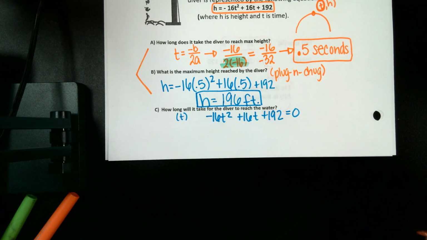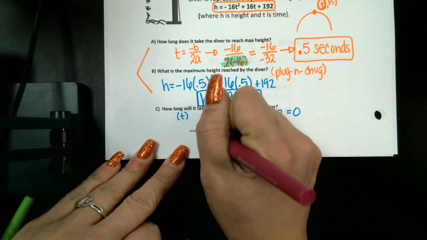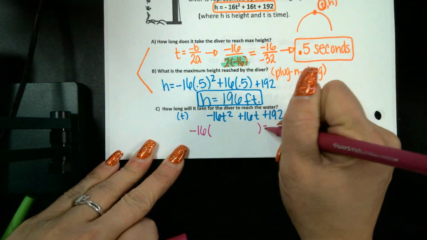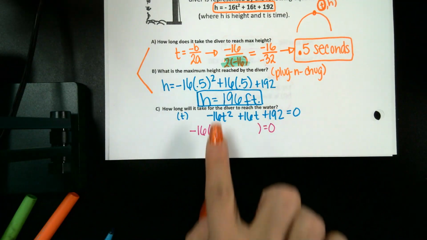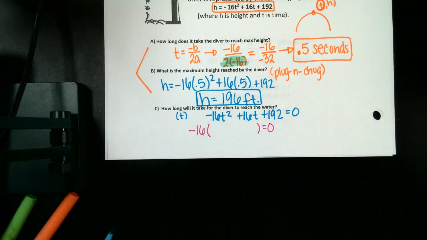However, I don't like -16 out front, so what am I going to do with it? We're going to get rid of it by factoring it out. So you guys have to start doing some division for me. You're going to divide all three terms by -16 and put what's left over in those parentheses.